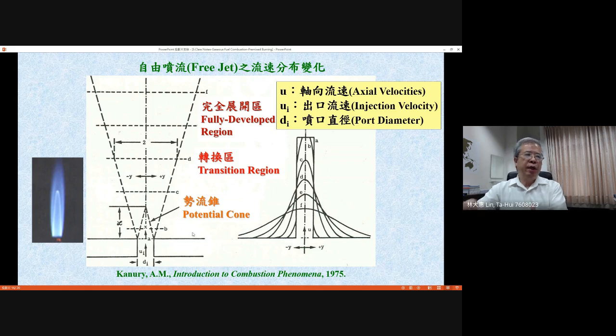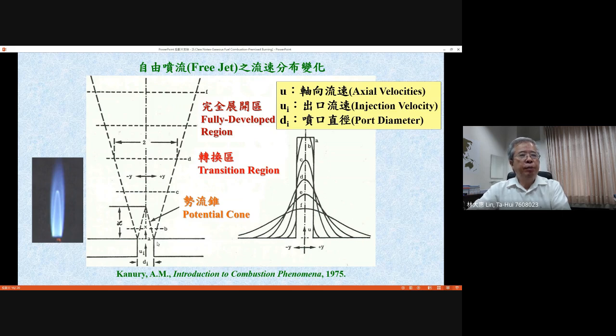Or you can still assume this port is a slot, that means a long length perpendicular to our screens. This will give you the same flow structures that can be described.